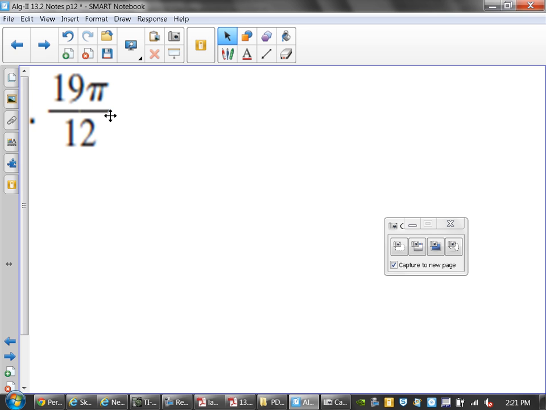I want to graph it, figure out what quadrant it is in, and then get the positive and the negative coterminal. There's a couple of nice shortcuts that you can do here. To figure out what quadrant you're going to be in, you're just going to ask yourself, how many times does 12 go into 19? Once. It went in one time with how many left over?